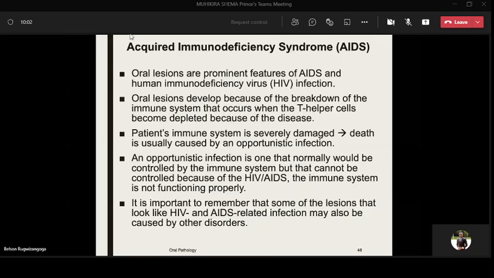So this is what happens in most of, for example, gastrointestinal tract infections, such as toxoplasmosis and so on. They are a normal flora, but when immunity is too much damaged, they will cause severe disease. It is important to remember that some of the lesions that look like HIV and AIDS-related infection may also be caused by other disorders. So that's why some opportunistic diseases may be seen in diabetes, not in HIV, because diabetes also affects immunity.